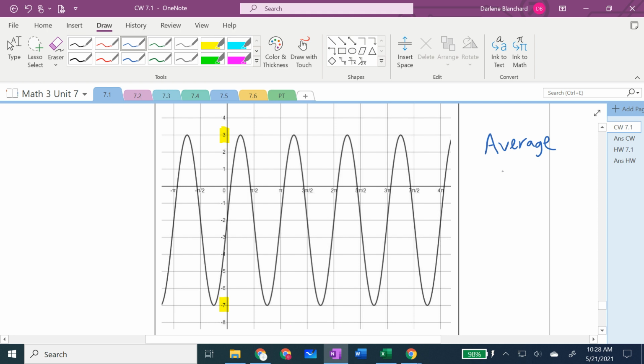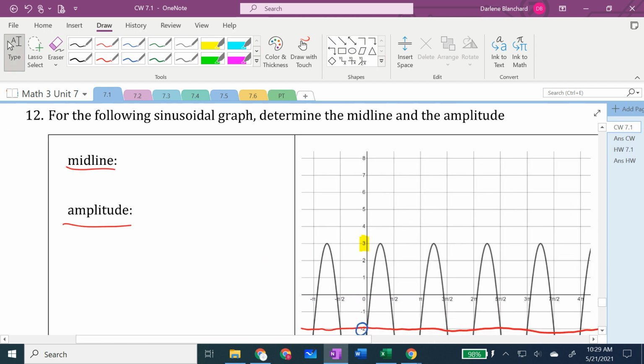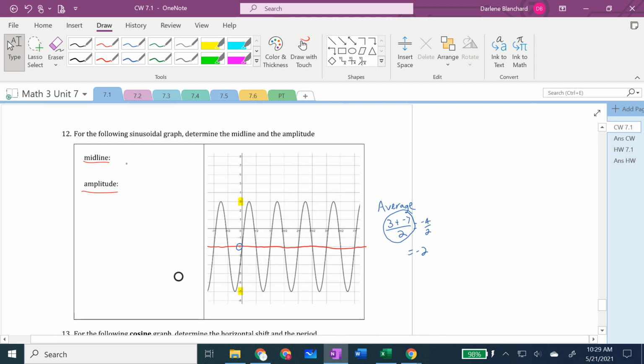I find average by adding them together and dividing by 2. So this is saying that -2 as a y value is where our midline is at. Some of you were able to see that without doing this arithmetic. I'm going to draw the midline in so you can see how it is very symmetric over that line. And for the midline, you're going to write that it is y equals -2.